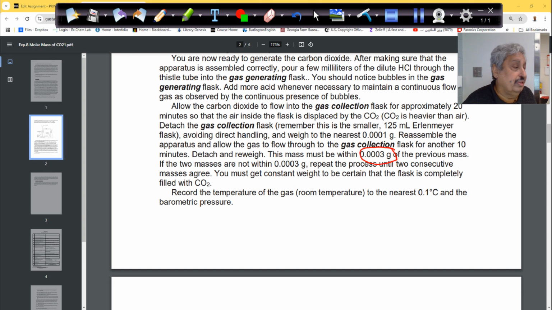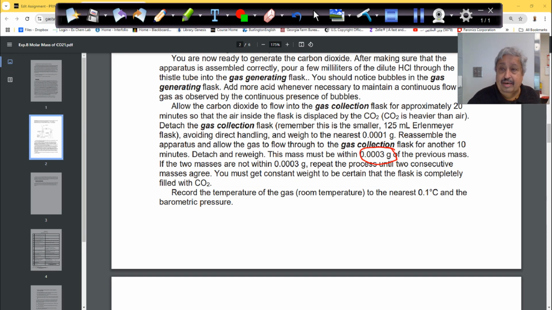You will not get it in the lab unless you have a very precise analytical balance. But anyway, when you collect this, the readings have to be really, really close to each other.